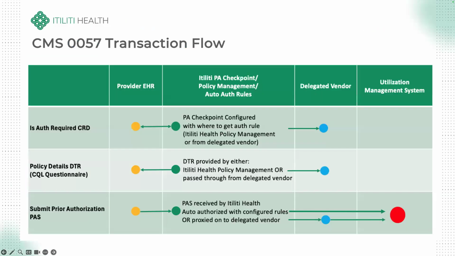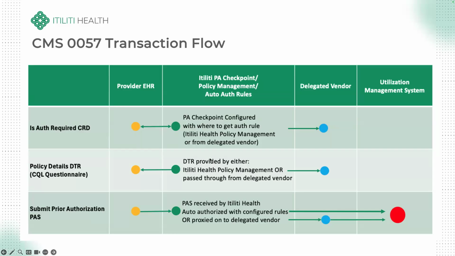So I'm going to go back to our slide here. Again, we've talked about it in terms of CRD. The DTR transaction happens in a similar fashion. The DTR can either be answered by a questionnaire within the Itiliti Health Policy Management application, or in the event there's a third party that is the delegated vendor or a third-party source of prior auth rules, that third party can be the destination that is passed through or proxied by Itiliti Health.